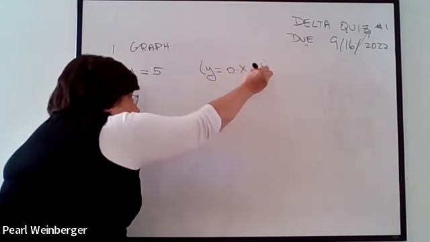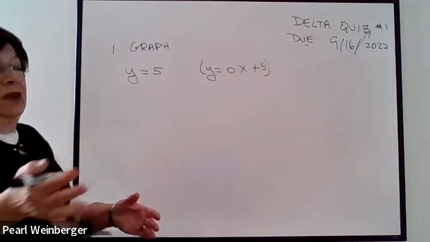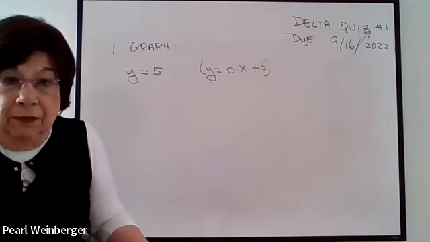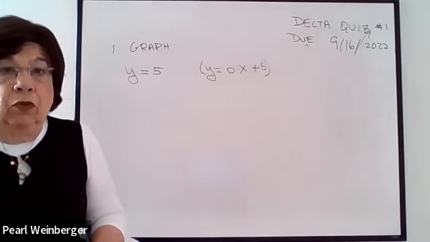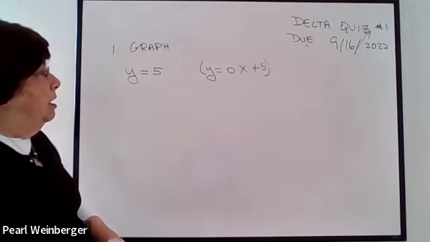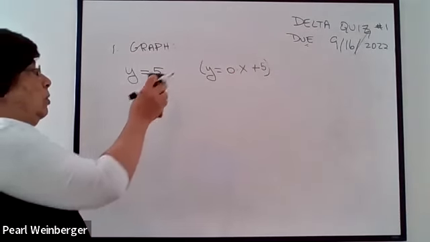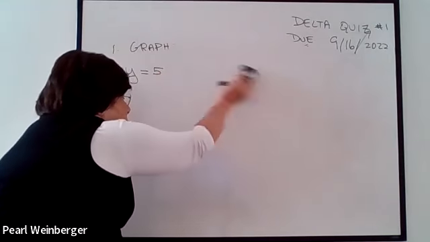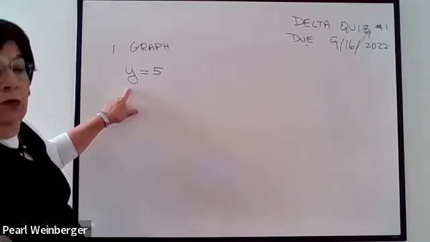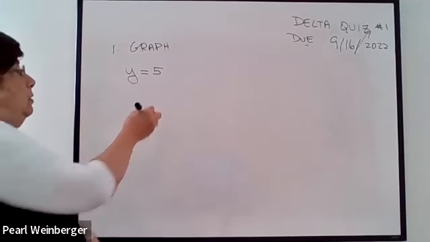Now, we never say this, but obviously, if there's no x, it's been multiplied by 0, which means the slope is 0. What do we mean by a line whose slope is 0? Let's look, how do we graph this line where all we have is a y and no x?